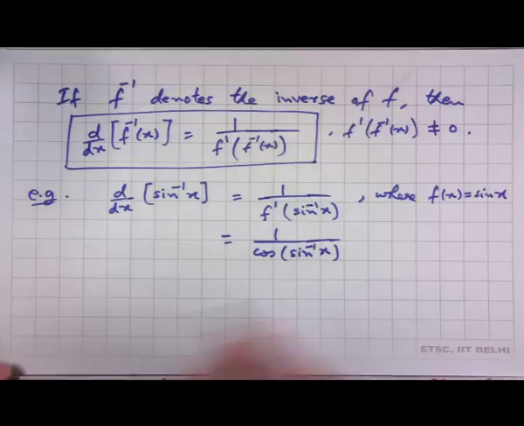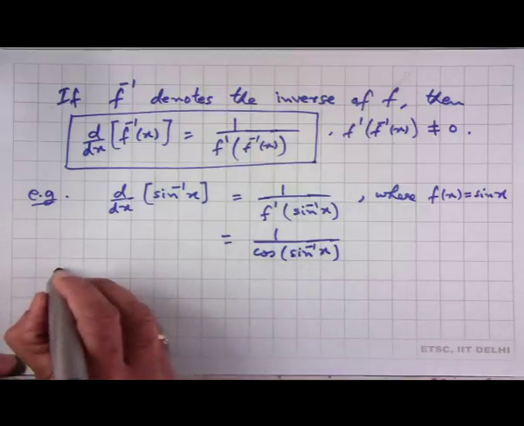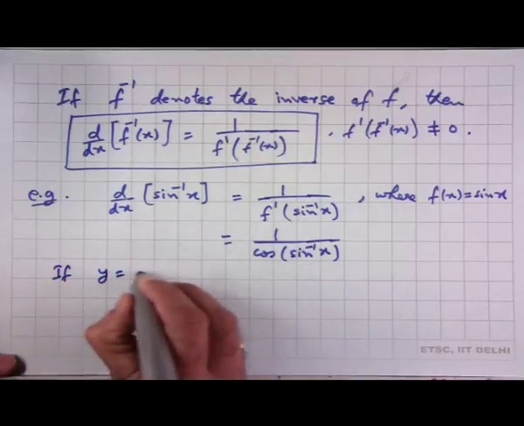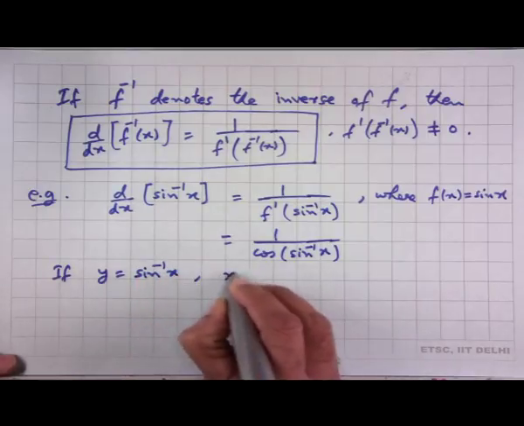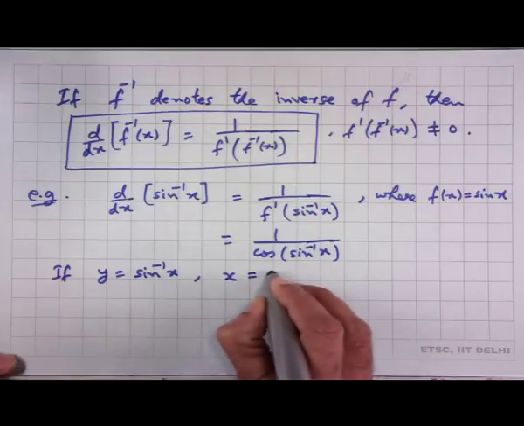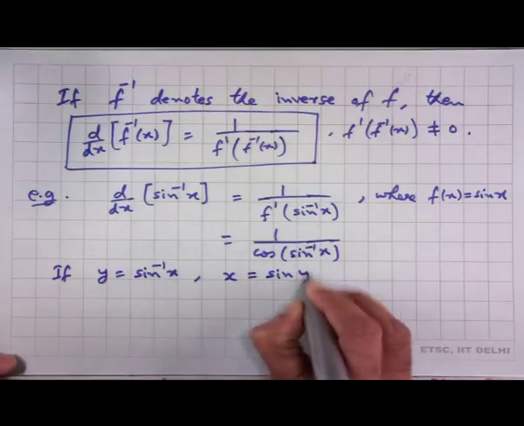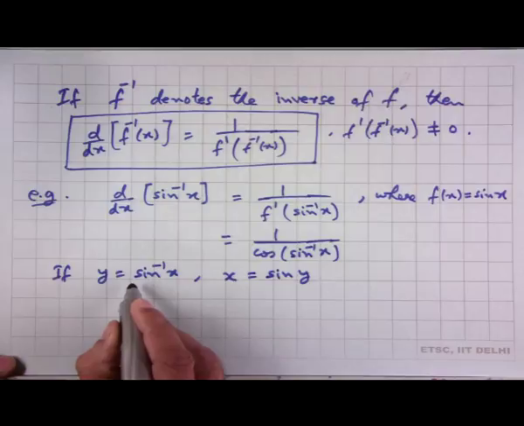And what is cosine of sine inverse x? So, if y is equal to sine inverse x, this means that x is same as sine of y, and we want to find what is cosine of y.